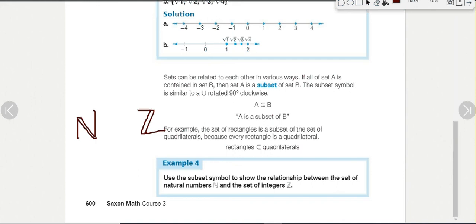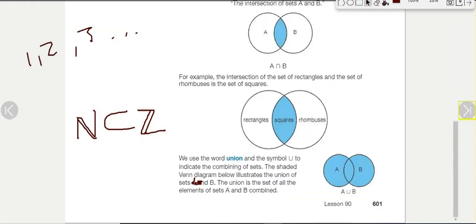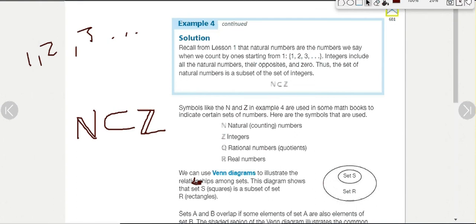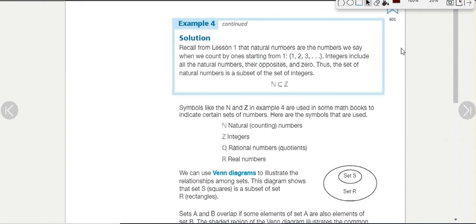Naturals, remember, are like the counting numbers, 1, 2, 3, and so on. So how do those relate with a subset symbol? Are they or aren't they all within integers? I believe they are. Can't think of a counting number that wouldn't also be considered a fancy Z, an integer. Let's see how we did. Yep, is a subset of.